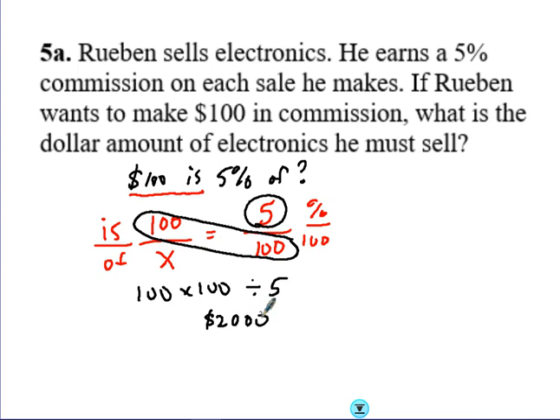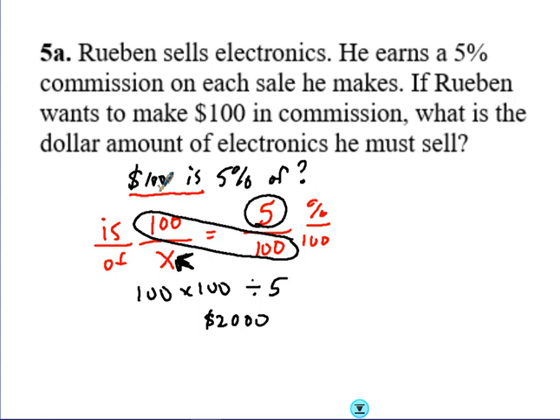So since 100 is 5% of $2,000, Ruben would need to sell $2,000 worth of products in order to make a $100 commission. Pretty useful information to have if you're in sales, and so that's the process.